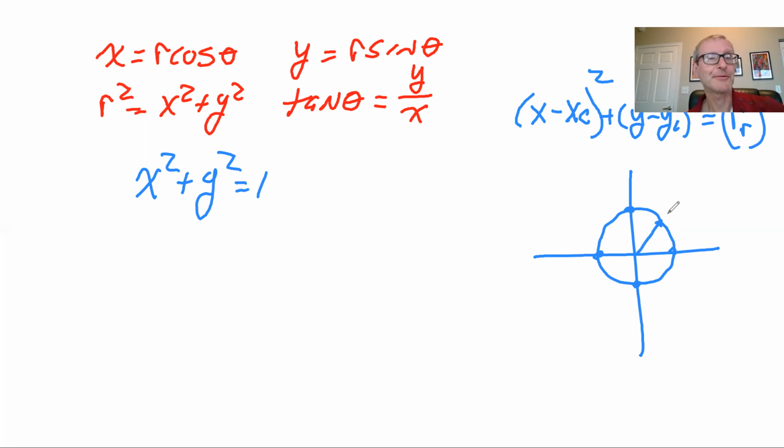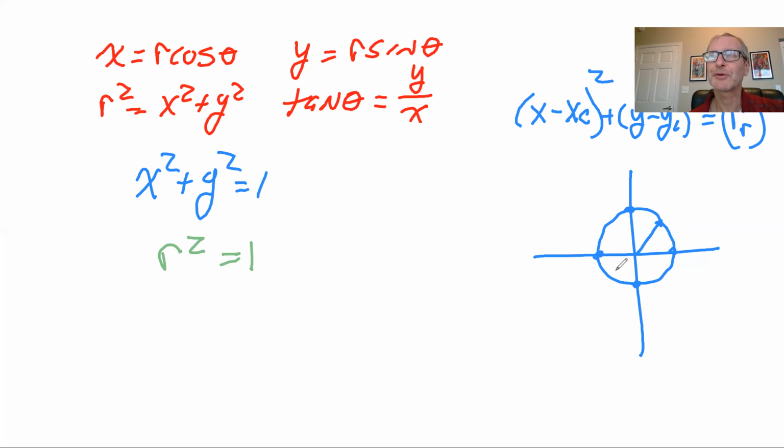So how do we convert this? Well, this conversion is pretty easy, right? Because to convert, r squared equals x squared plus y squared, so we just replace that. r squared equals 1 gives you a nice equation of a circle.